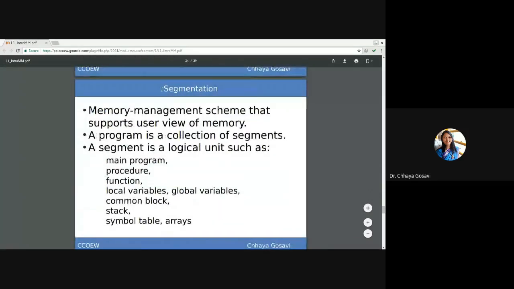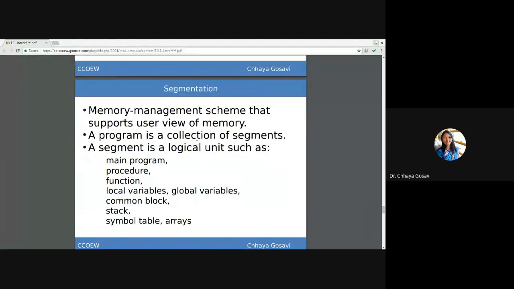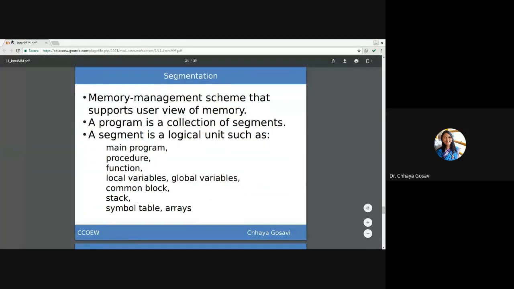Another memory management strategy is segmentation. Segmentation is different than paging. In case of segmentation, instead of being divided into equally sized pages, the process is divided into logical parts of a program.